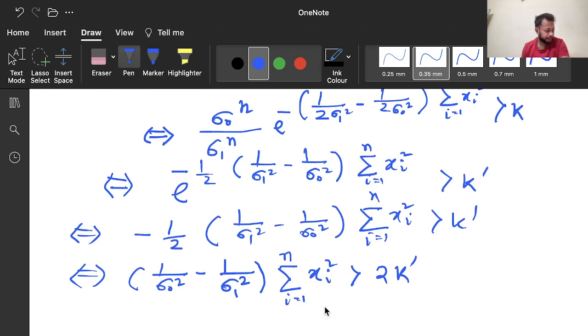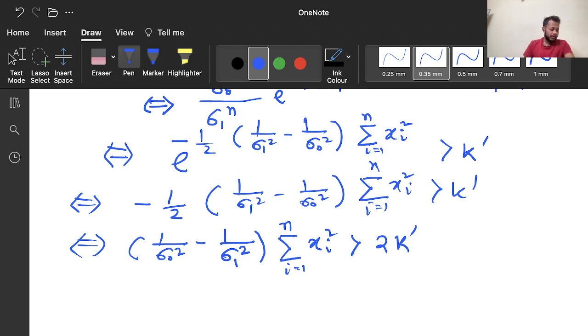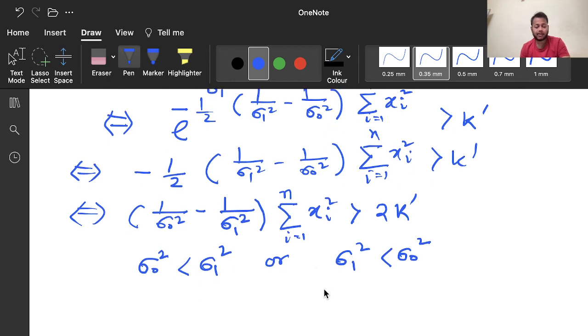this is square. Now you see, depending upon whether sigma 0 square is less than sigma 1 square or sigma 1 square is less than sigma 0 square, you get a condition of rejecting the hypothesis.